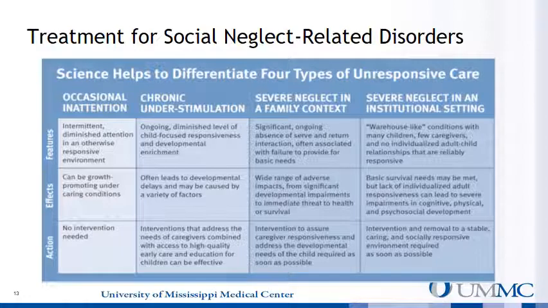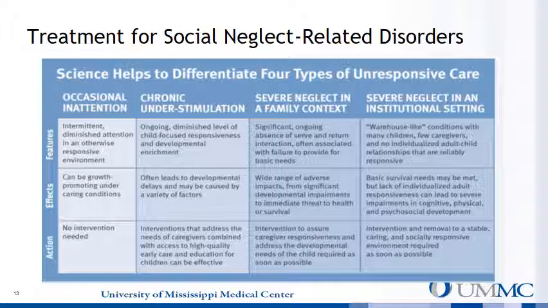So this table here is useful, I think, for considering different types of unresponsive care and the interventions that may be appropriate for these different types of care. So with occasional inattention that may occur in otherwise very responsive environments, no intervention is needed. In the case of chronic understimulation, interventions may want to address the needs of the caregivers.